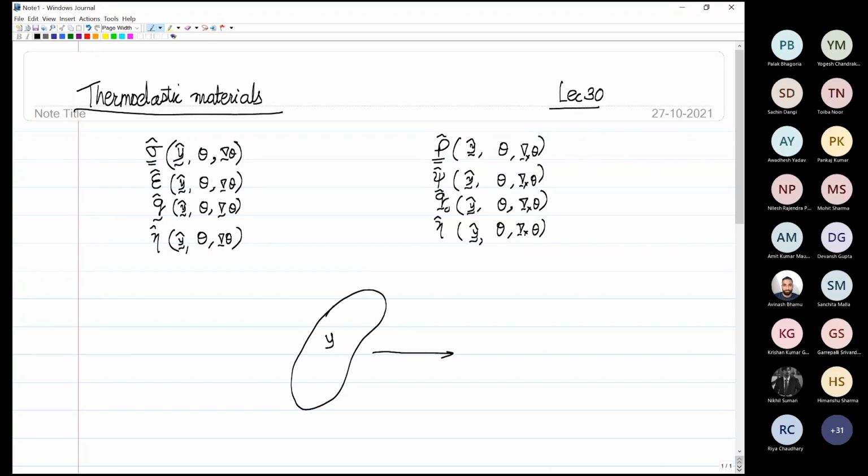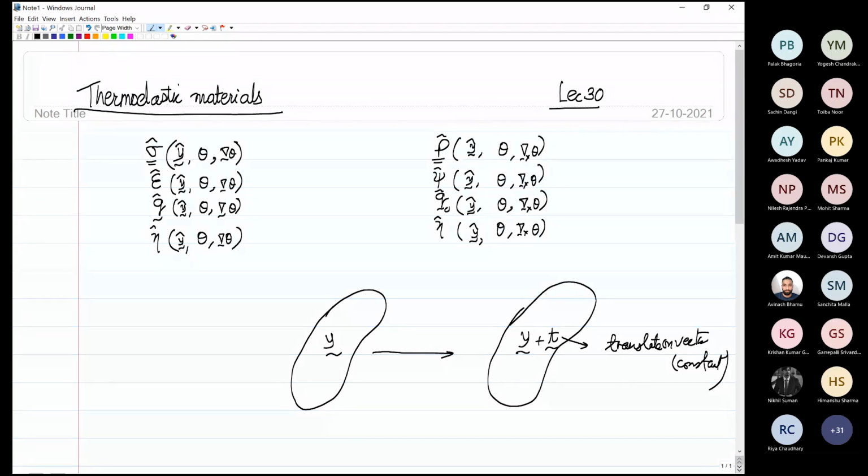The position here is y and you rigidly translate it to make the position y plus t, where t is the constant translation vector. Do you think that any of the properties will change? Will any of the properties change when you translate the body?